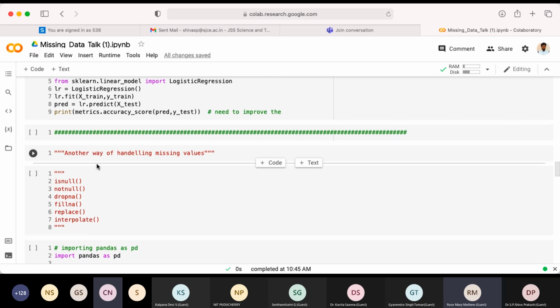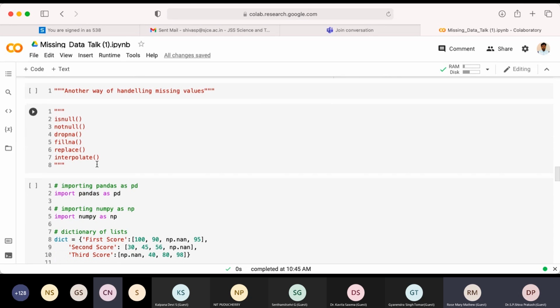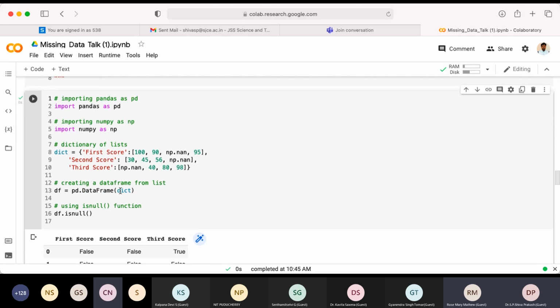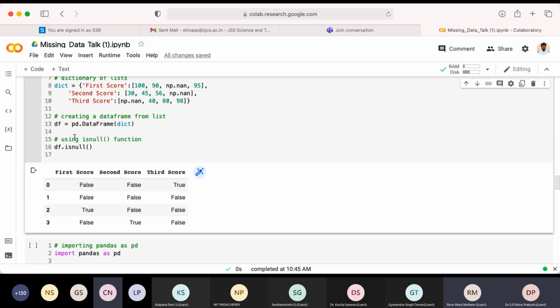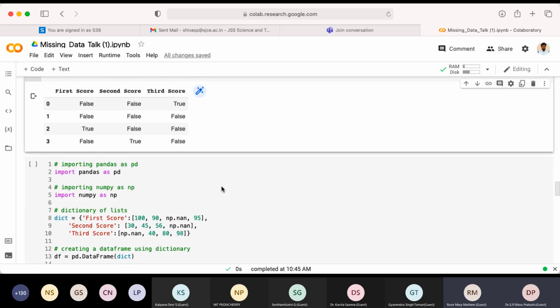Okay. So another way of handling missing values: isnull, notnull, dropna, fillna, replace, interpolate. So we can use all these methods to check the values, right? Now here we are just checking isnull, right? So it displays the first score, the second score, and also the third score, right?